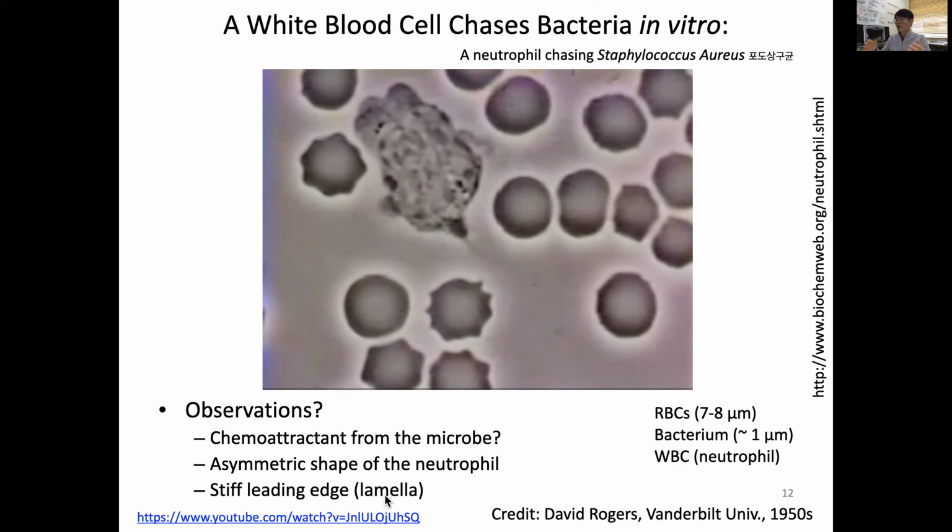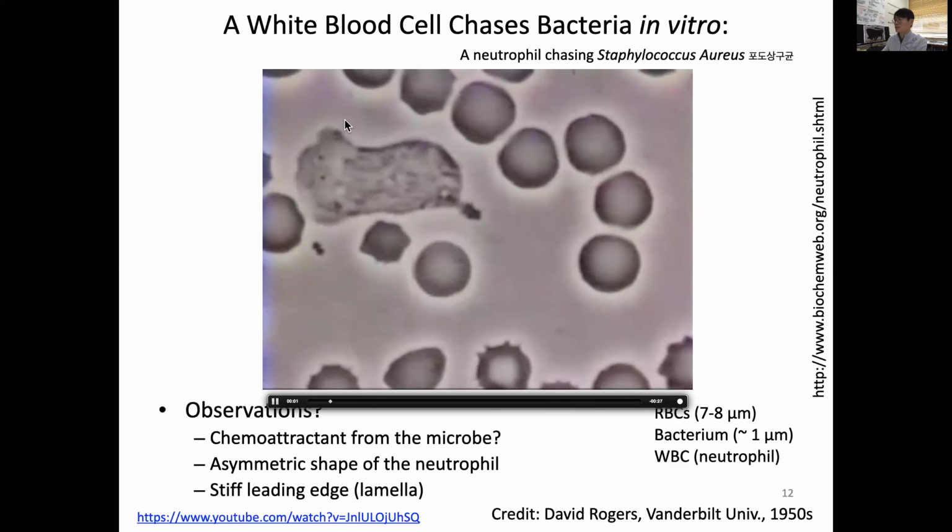Another aspect is that on the side of this white blood cell there's a ruffling, which makes it easy to navigate. So this immune cell, the white blood cell, is very dynamic, changing its shape, and it actually moves, and that's involved with today's lecture. So let's take one more look at this movie.